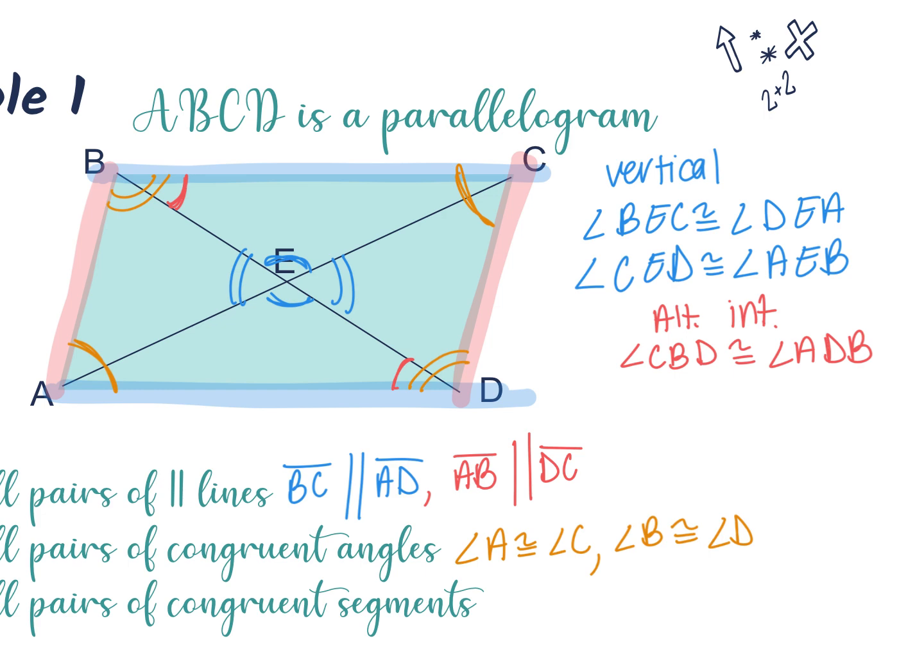That's 1. Then I have this one right here, angle ABD is congruent to angle CDB. Now I have 2 more.